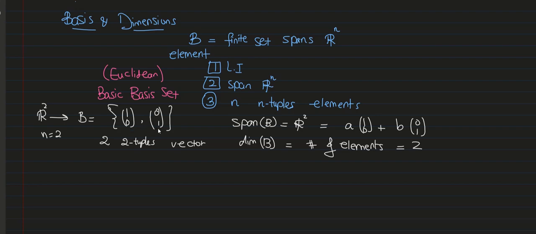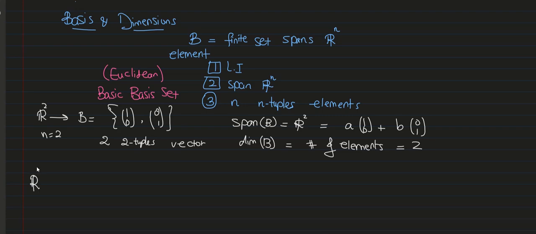We can find more basis sets, but each basis set for R2 will be of two vectors, each belonging to R2. If the two vectors are linearly independent and can span R2, we will call them a basis set. They can act as a basis set for R2. So R2 doesn't imply that it's only including this set.